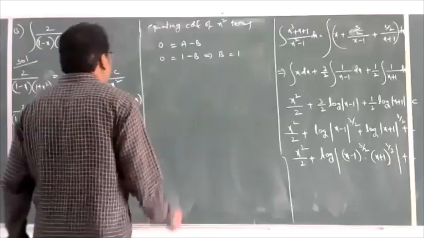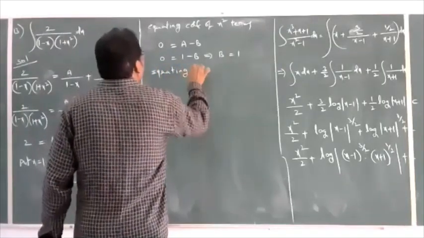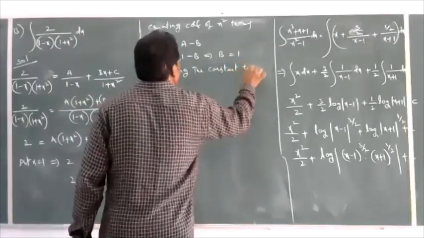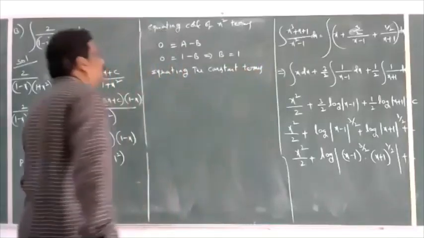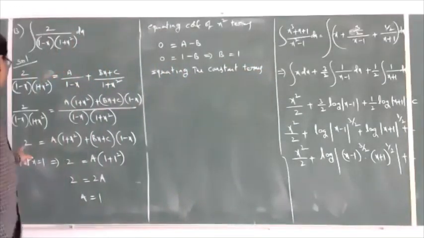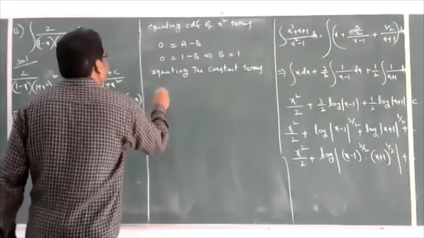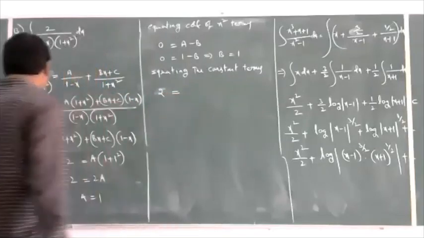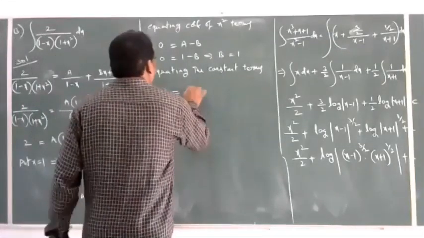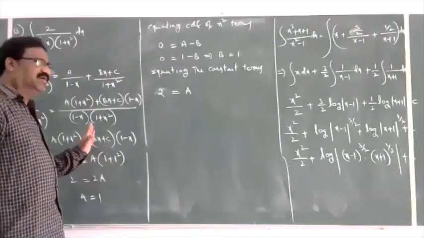Then equating the constant terms. Here the constant term is 2. On the LH side, 2 is the constant term. 2 is equal to A into 1, that is A. Here Bx into 1 is not a constant term.